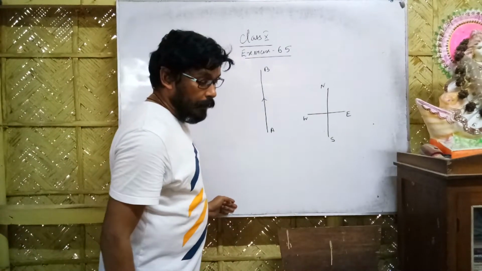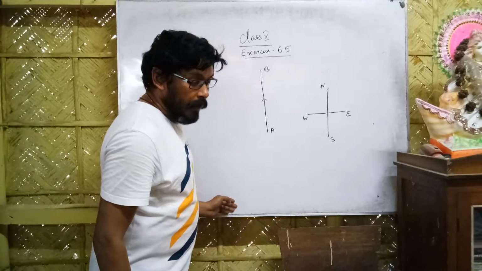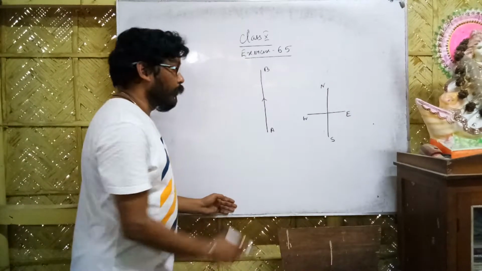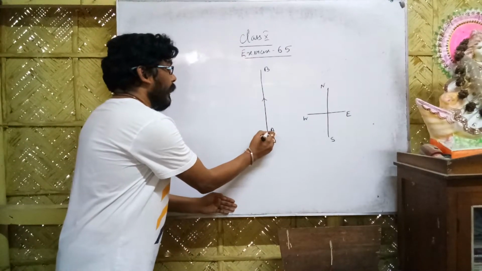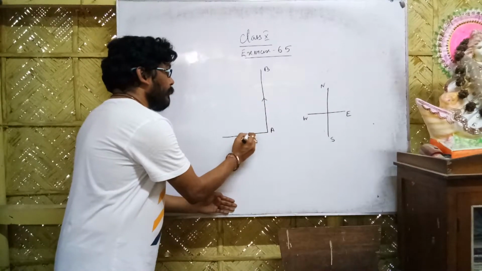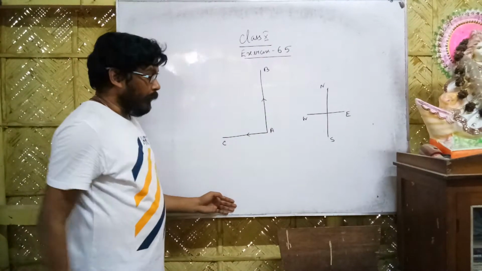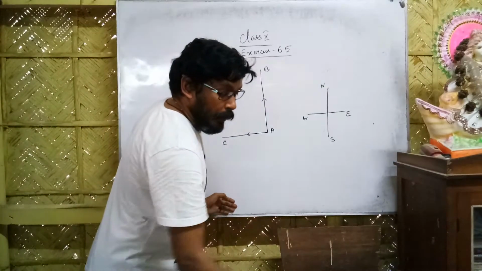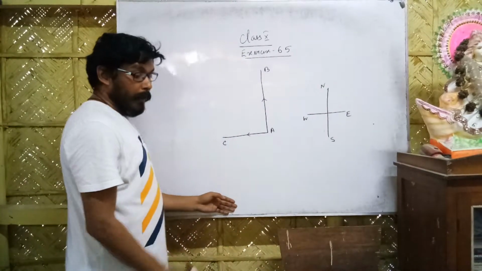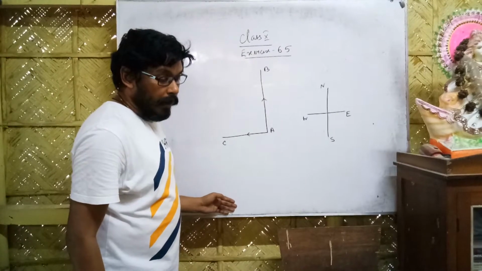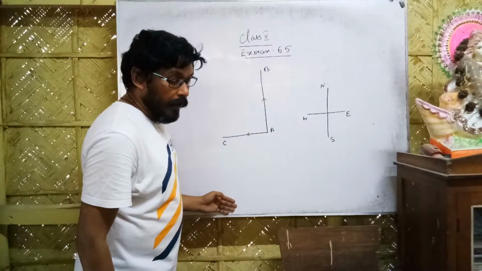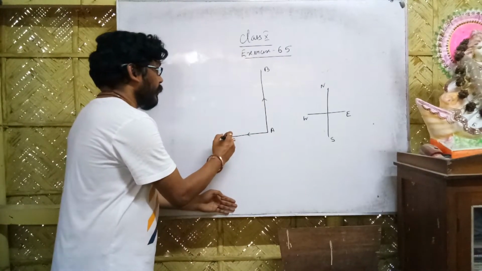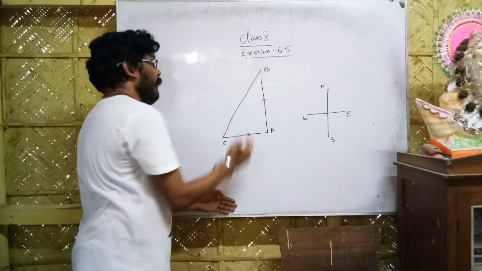At the same time, another aeroplane leaves the same airport and flies due west. From the same spot, another went towards west. So this is C. From A to C, the speed was how much? 1200 km per hour. You have to find out how far apart will be the two planes after 1.5 hours.